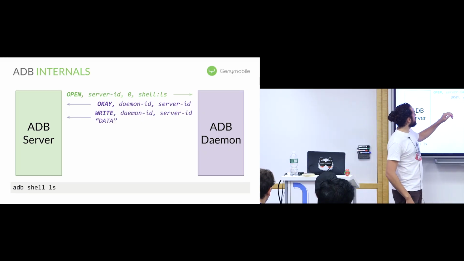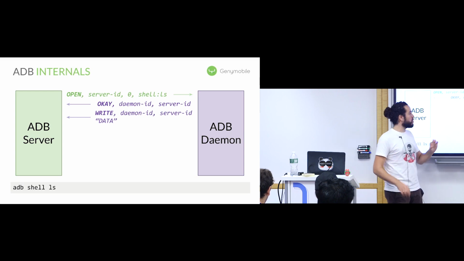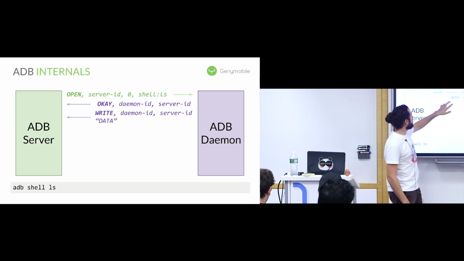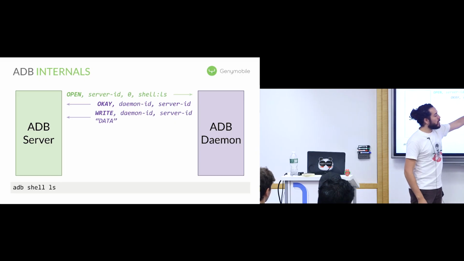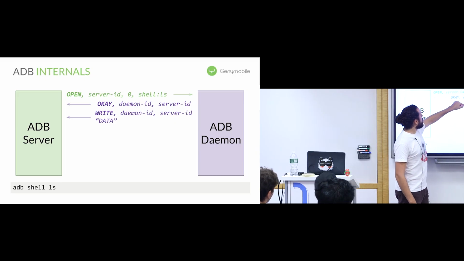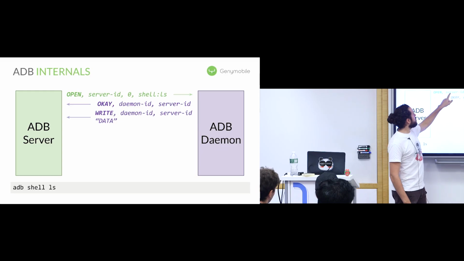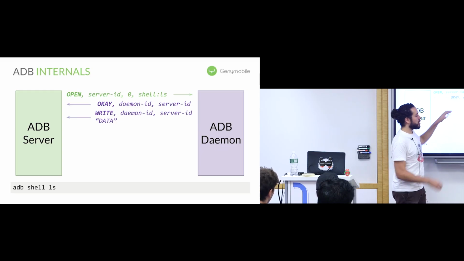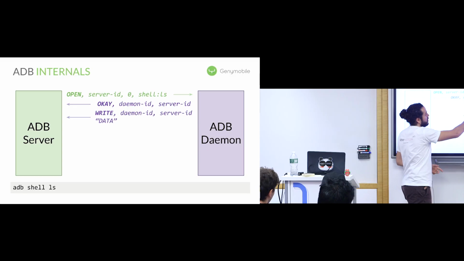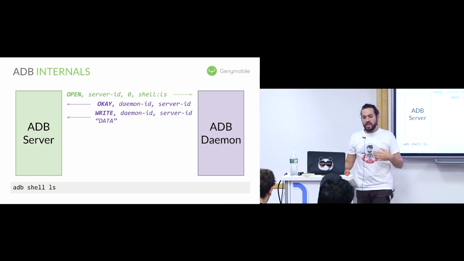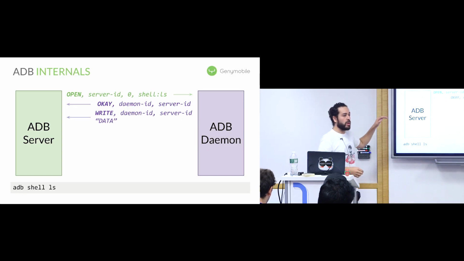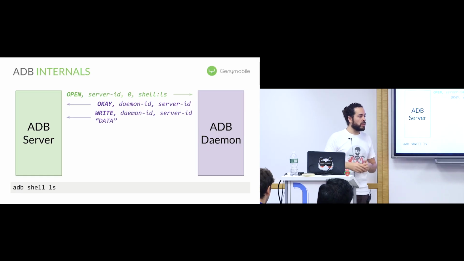And let me just show you something. So I told you I will give you just a few words, but what you will see on this conversation is that the arg1 and arg2 here are describing an ID that is coming from the server and the daemon, and each time they communicate, they will swap these device and daemon IDs, and it allows them to know what the real conversation is, because an ADB server can discuss on several threads with the same ADB daemon, so they need IDs to target the real conversation and handle the request in a good way.